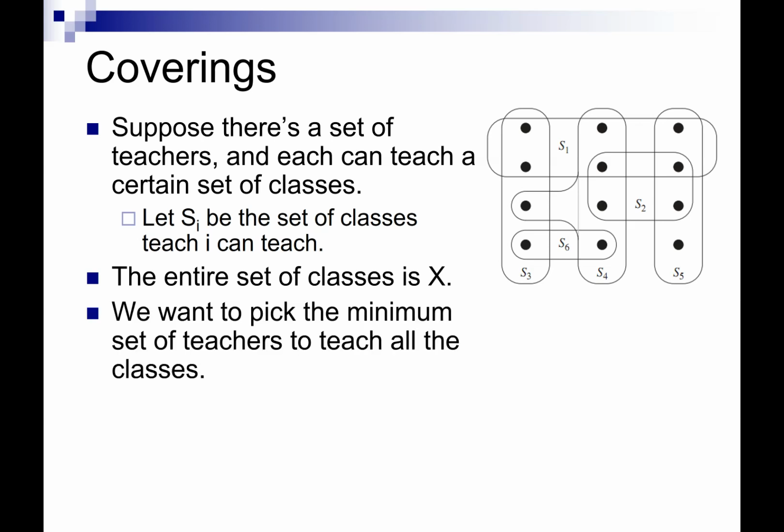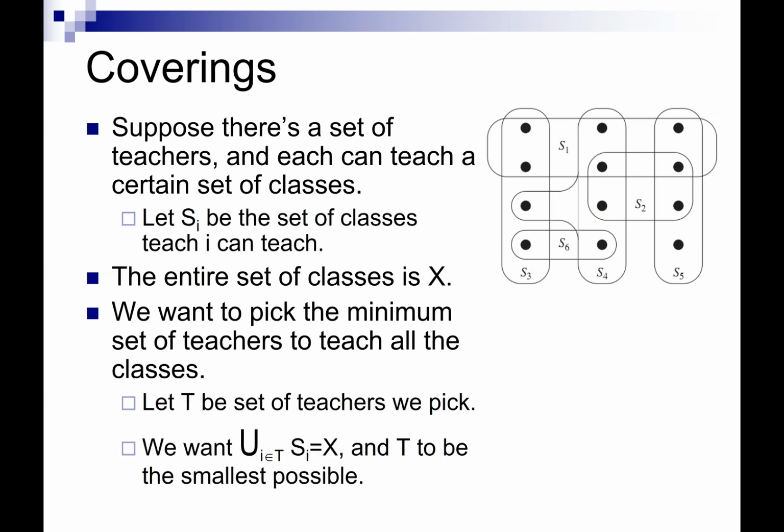And now what we want to do is to pick the minimum set of teachers who can teach all of the classes. We want to make sure that all of these classes can be taught by somebody. So we want to pick a set of teachers to teach all of the classes, but we want to hire as few teachers as possible. In other words, if T is the set of teachers that we pick, then we want the union over all of these teachers.